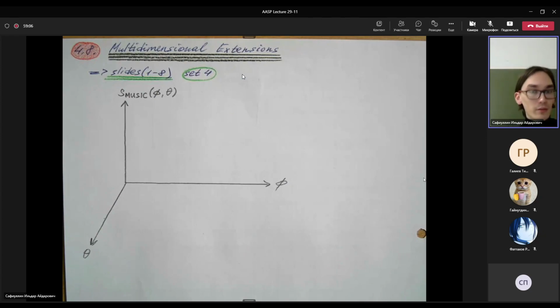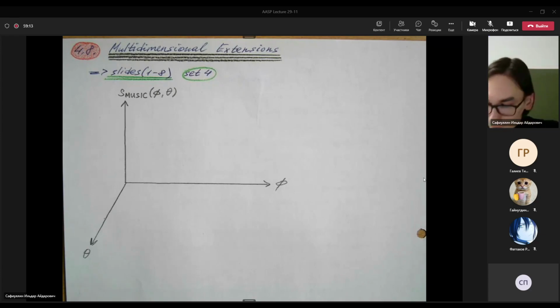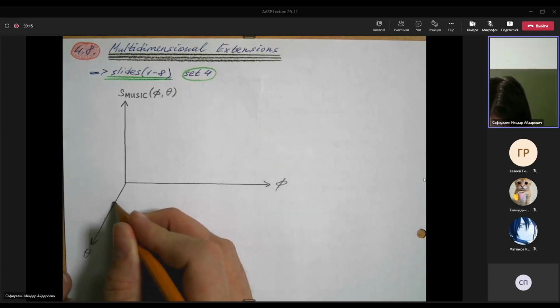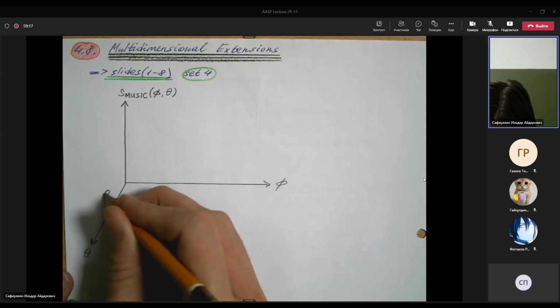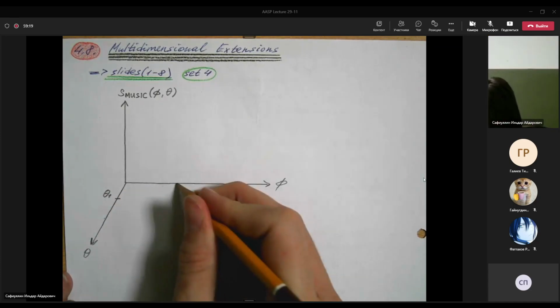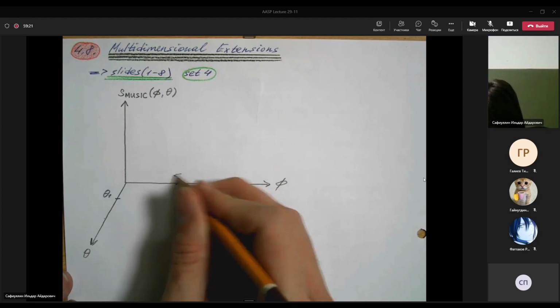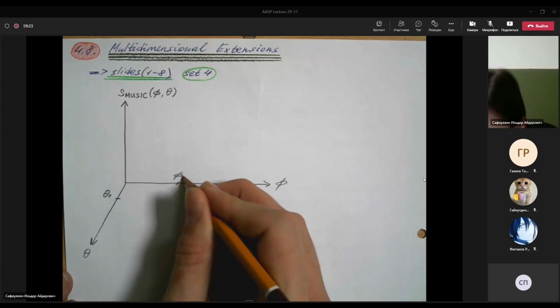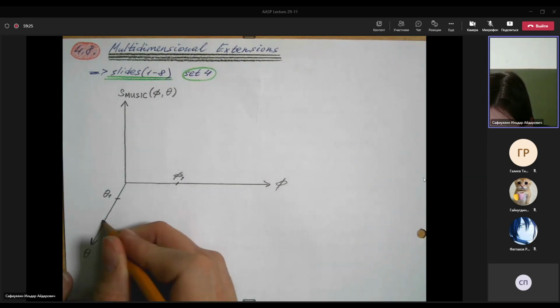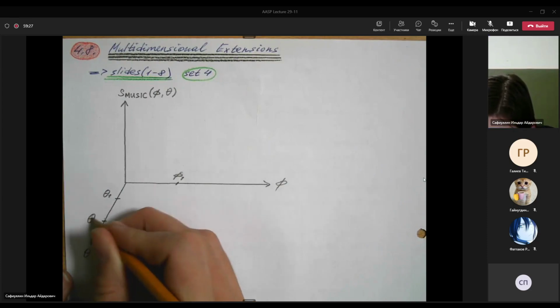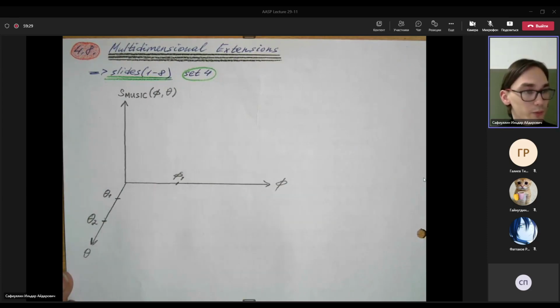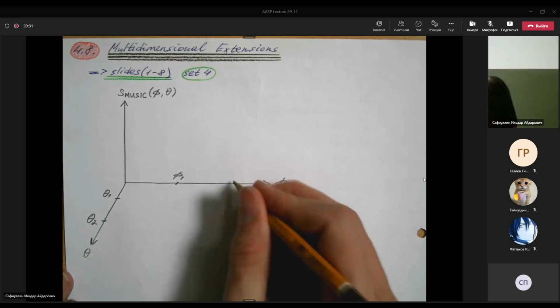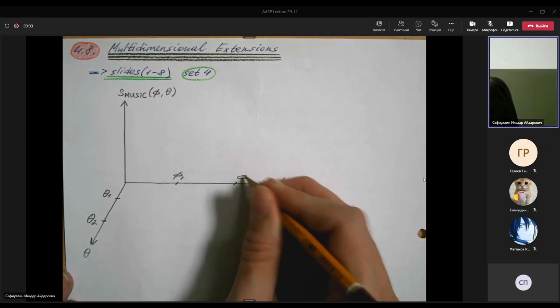And let's say that for source one, we have some values theta 1 and phi 1. And for the second source, we have theta 2 and phi 2.